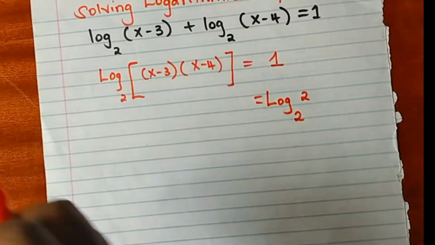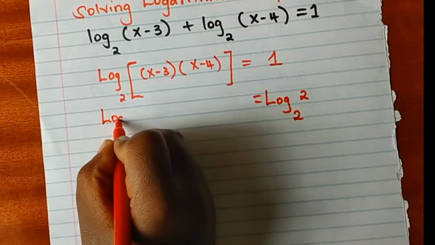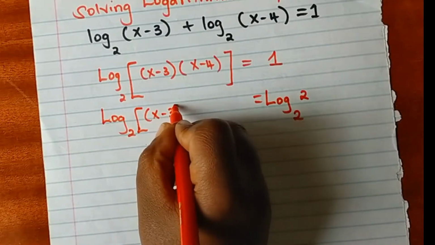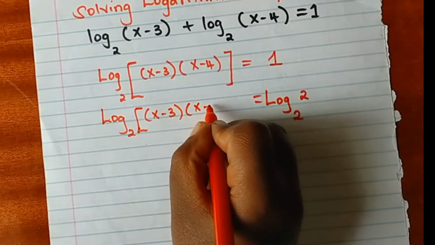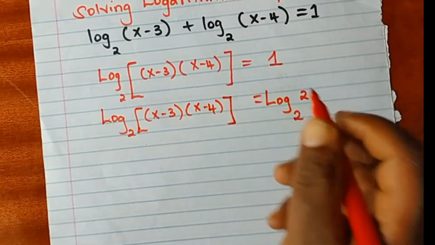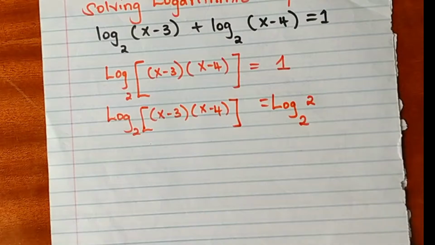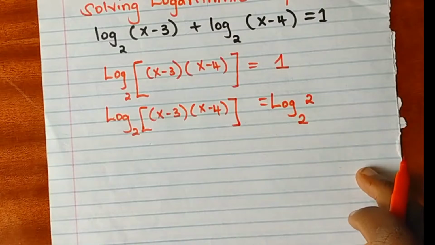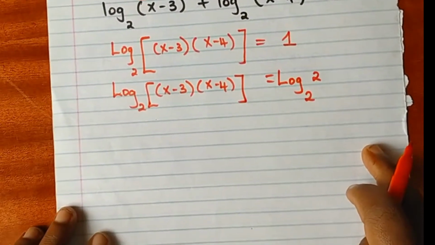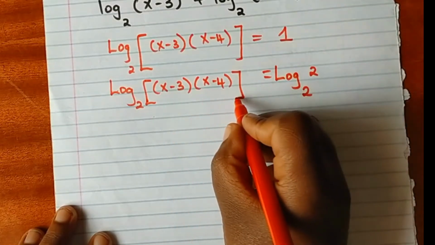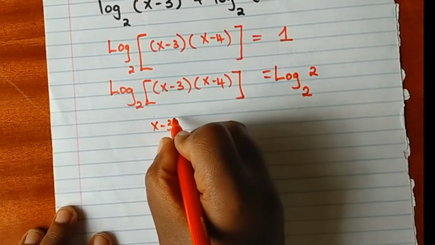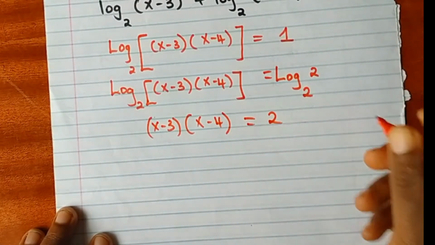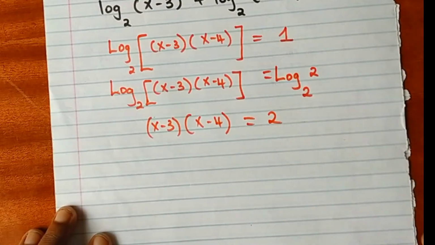And then on the left hand side is the same, log of (x minus 3)(x minus 4). Using just the basic knowledge of equations, if the left hand side is equal to the right hand side, it obviously means that (x minus 3)(x minus 4) should be equal to 2, because they are logarithms of the same base.